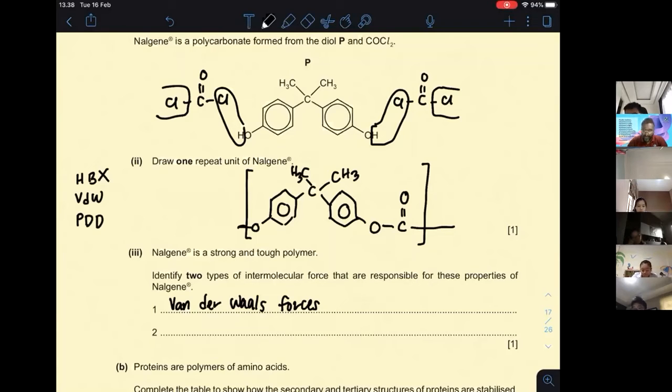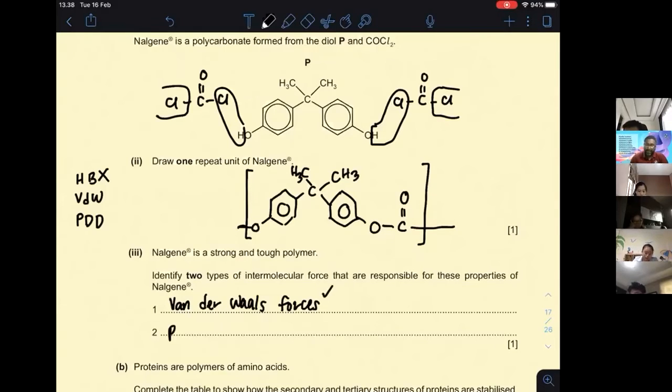But all these are van der Waals forces of attraction. So you can actually write down van der Waals forces, no problem. And here is going to be permanent dipole forces.